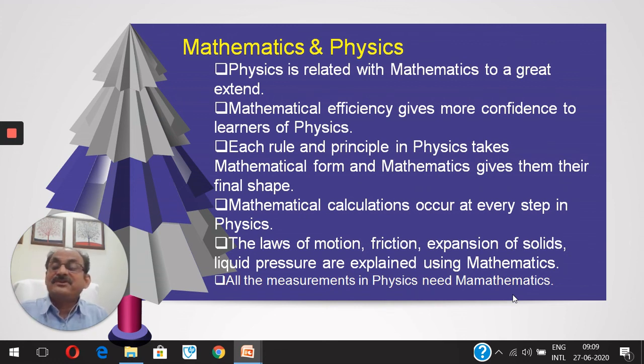Law of friction, we use mathematics. Law of expansion of solids, all these things we can explain by using the mathematical tool and mathematics only. All the measurement in physics needs mathematics. So all types of measurements in physics we need mathematics. So mathematics is the best subject to be interconnected to any branch of science.